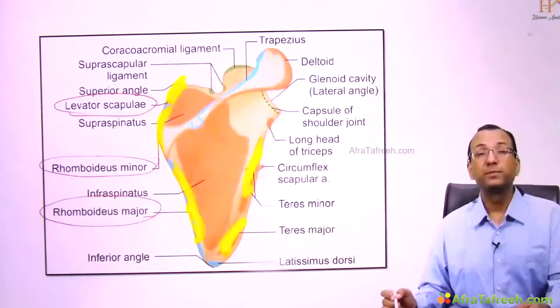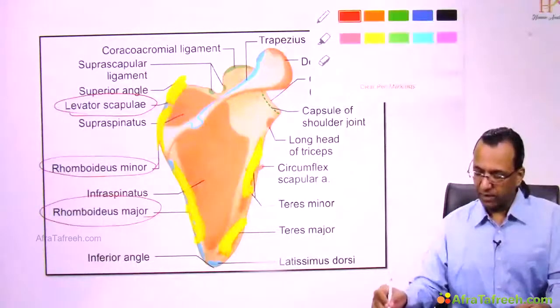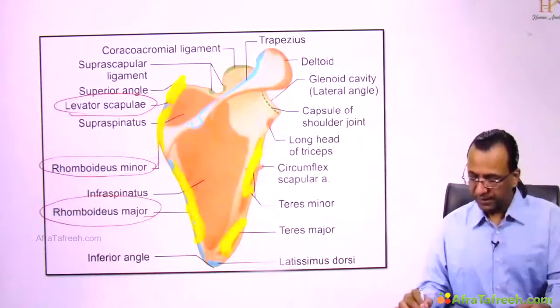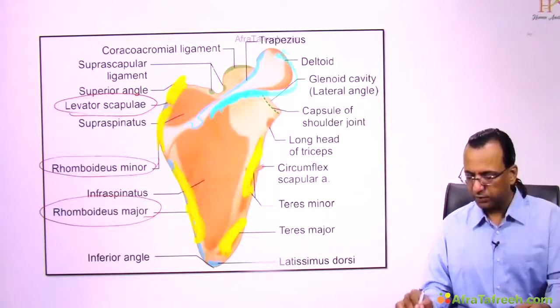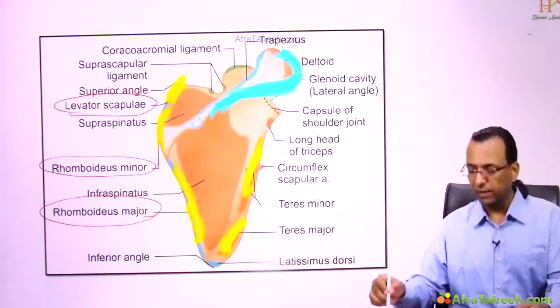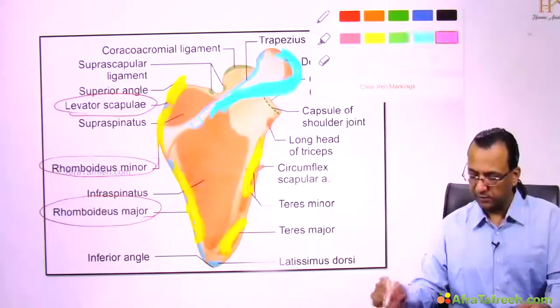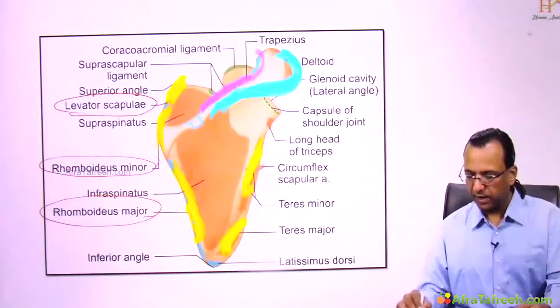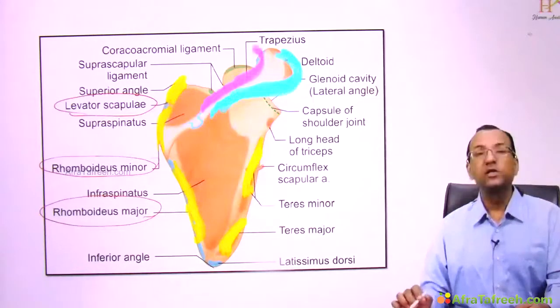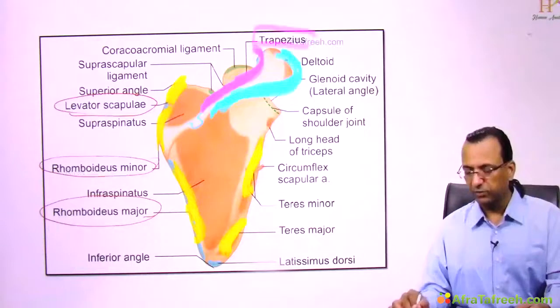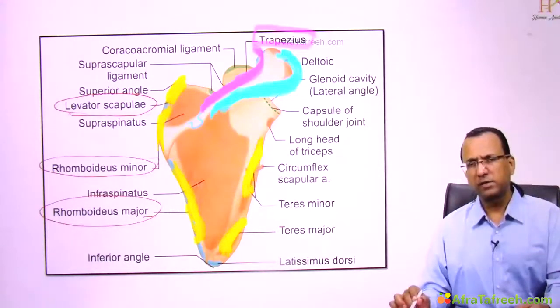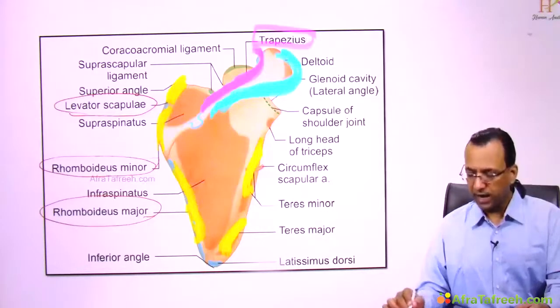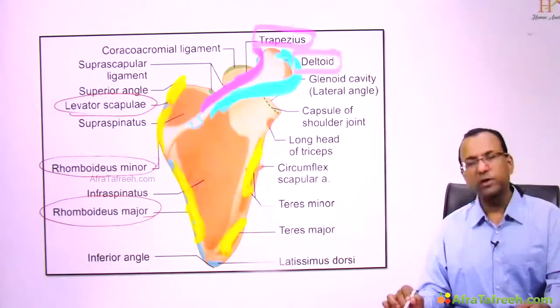And what is attaching to the spine of the scapula? If you say spine of the scapula, then you'll see that inferiorly and on the acromion process laterally is the deltoid, and running parallel to the deltoid attachment is the other muscle, on the spine of the scapula and acromion process, the trapezius. So the trapezius is attaching to the upper border of the acromion process and spine of the scapula, and the deltoid is attaching to the lower border and acromion process.